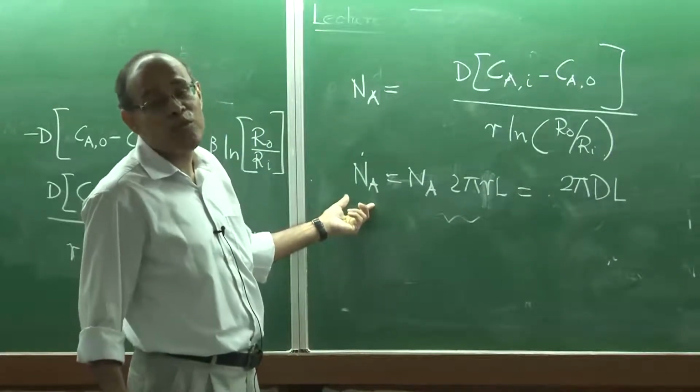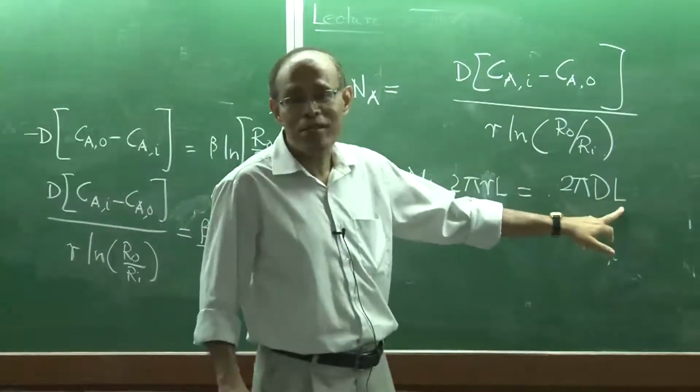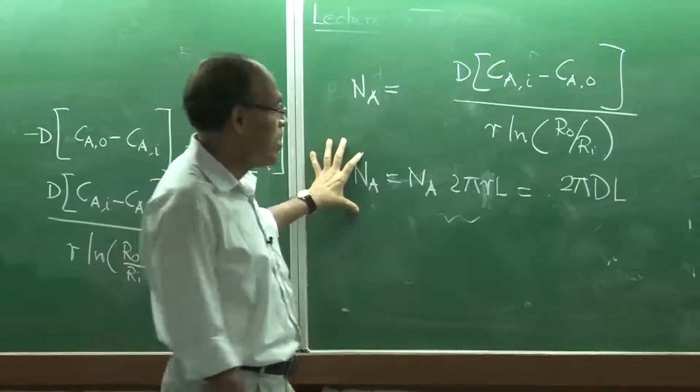So the net rate of transport, kg per second or kg moles per second per unit length of the cylinder, but I have introduced L. So therefore it is understood that this dimension is equal to kg moles per second.